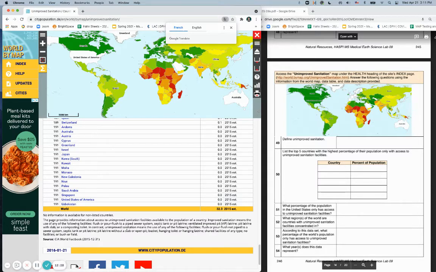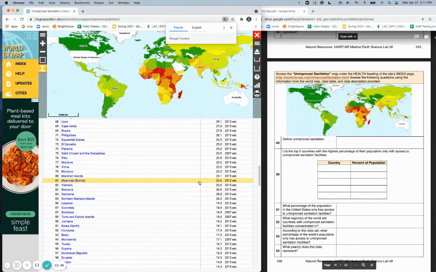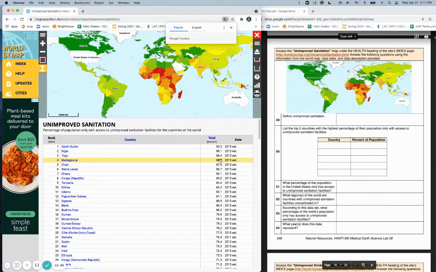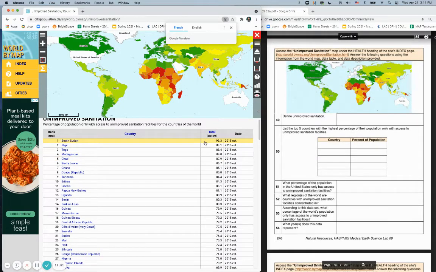So these countries have not so updated sanitation facilities. So that would be some of these: South Sudan, Niger, Togo, Madagascar. So you can see where they're located and what percent of the population has unimproved sanitation.